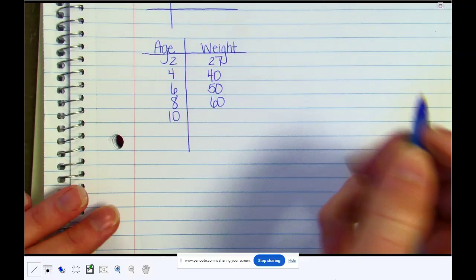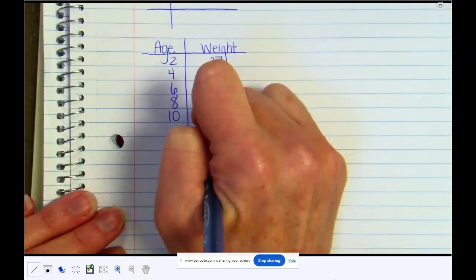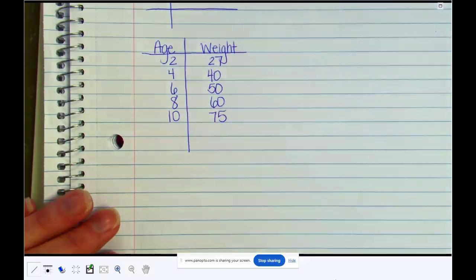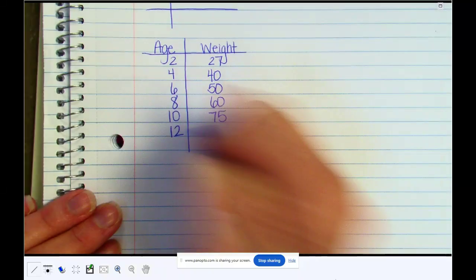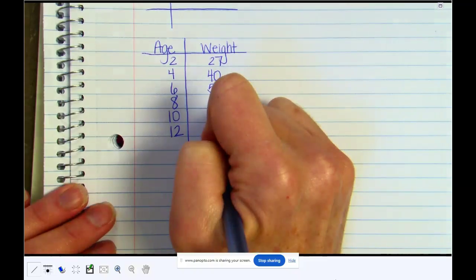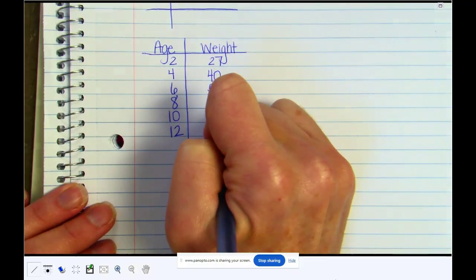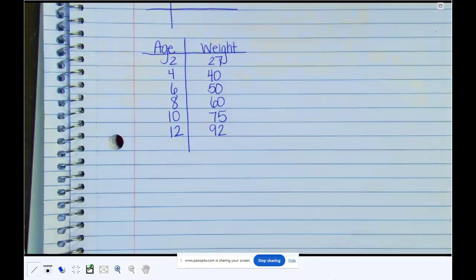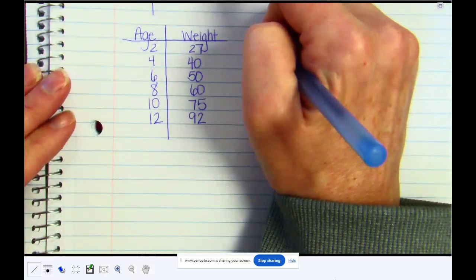A 10-year-old is 75 pounds. And we'll hit 12 here. Let's say our 12-year-old is 92 pounds.